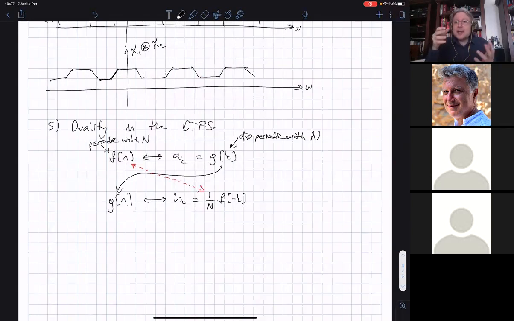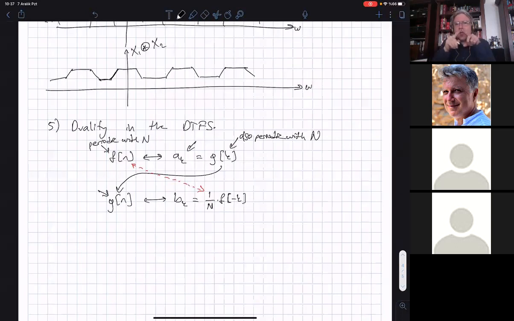So it doesn't look like a signal that you have seen before, a discrete time signal, but it actually looks like the discrete time Fourier series coefficient formula of another signal. So what is that other signal will therefore be the Fourier series coefficients of your new signal.